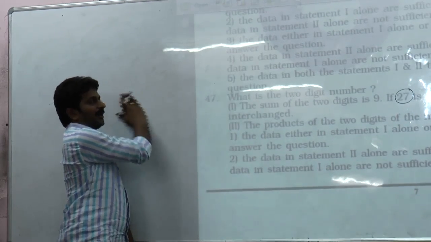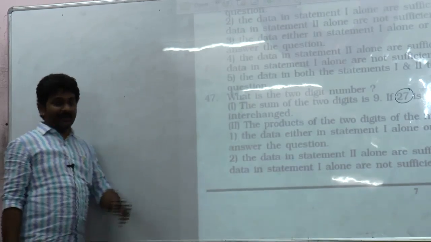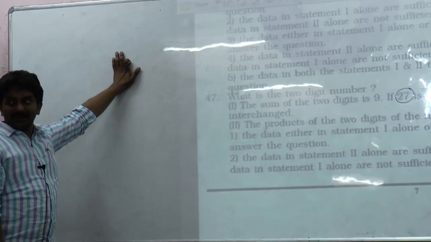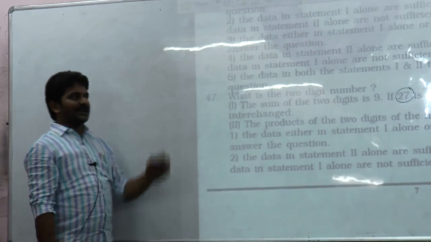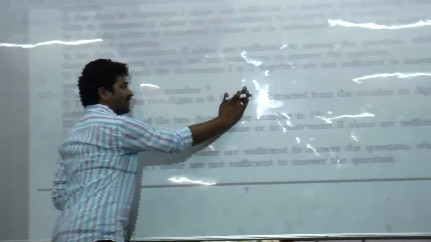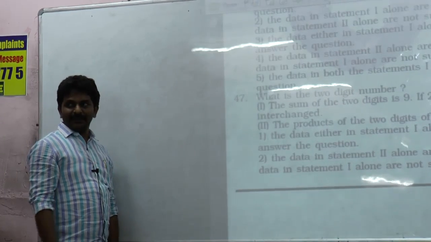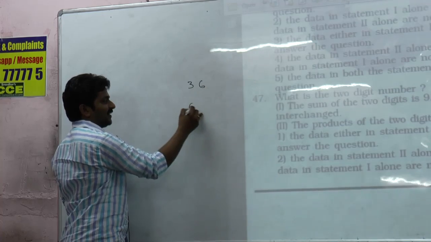So the number obtained will be such that the digits were interchanged. As 27 has 3 nines, the difference between the digit in the units place and the tens place will be equal to 3. Sum of digits is 9, difference is 3. You can form 2 numbers, 36 and 63.